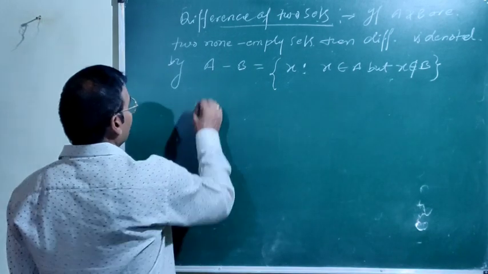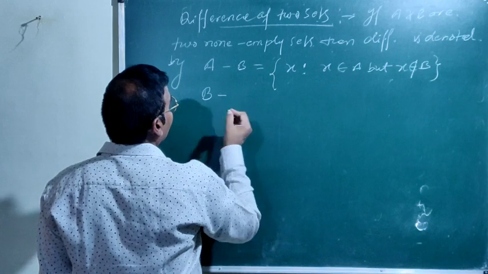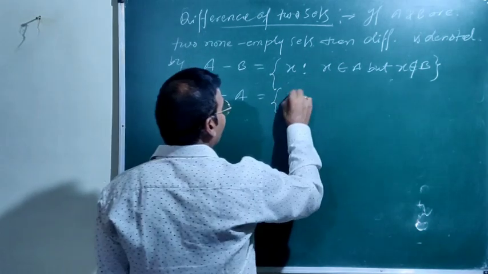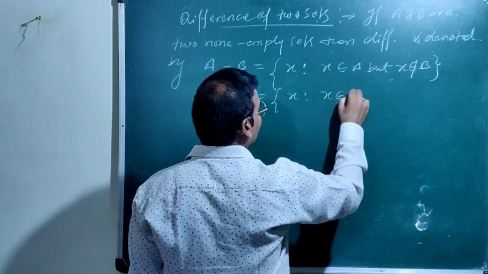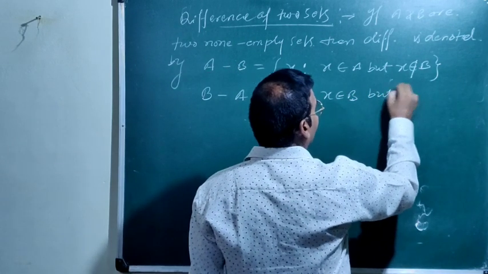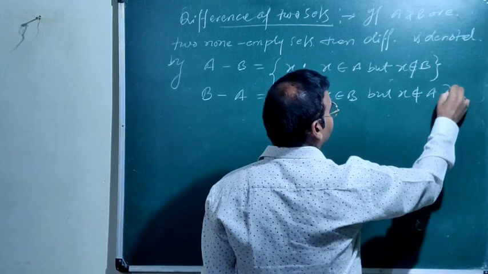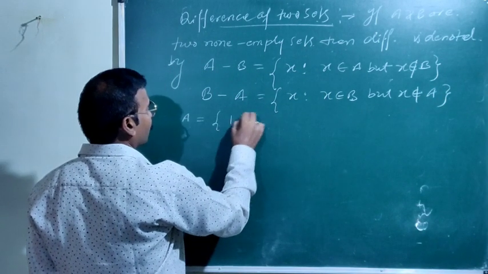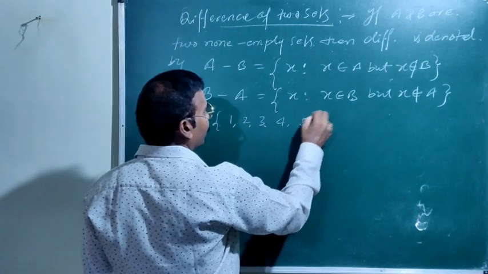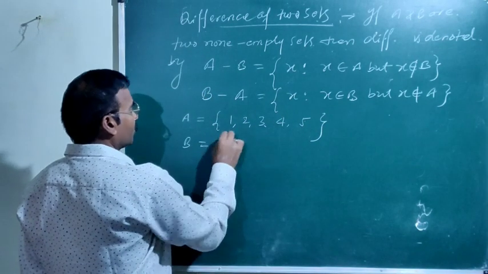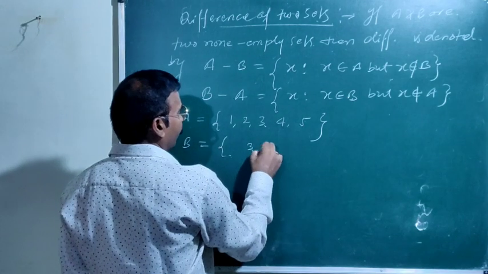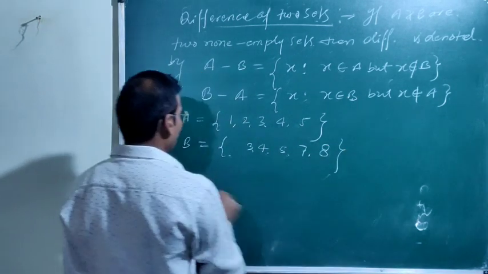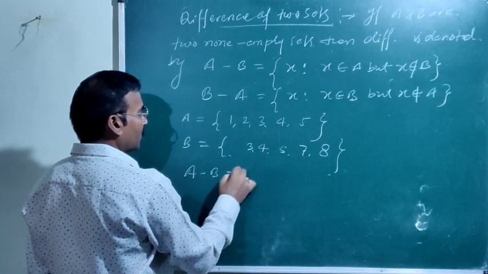But if we write B minus A, then what should be the condition? {x : x belongs to B but x does not belong to A}. For example, if A equals 1, 2, 3, 4, 5 and B equals 3, 4, 5, 7, 8, what is A minus B?